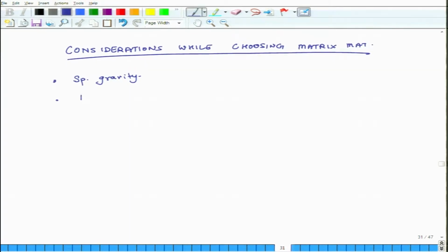Second thing is we have to look at the mechanical properties of the material. What does it mean in mechanical properties? Young's modulus, ultimate tensile strength, CTE, thermal conductivity, and so on and so forth.